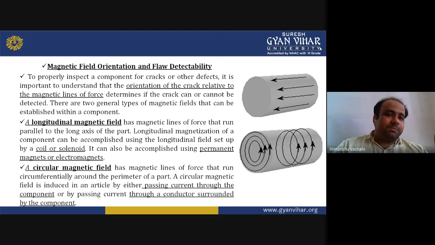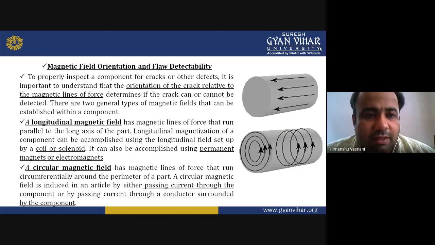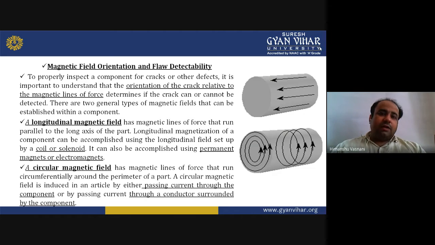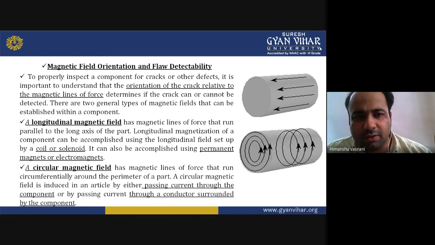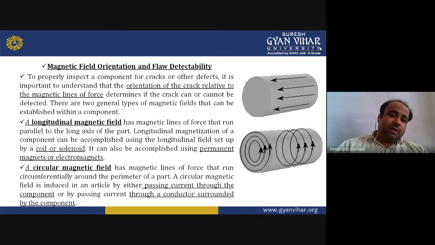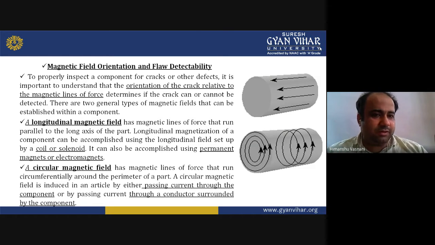To properly inspect a component for cracks or other defects, we should understand that the orientation of the crack relative to the magnetic lines of force determines if the crack can or cannot be detected. Our purpose behind all such inspection is to properly inspect a component for cracks and other defects.